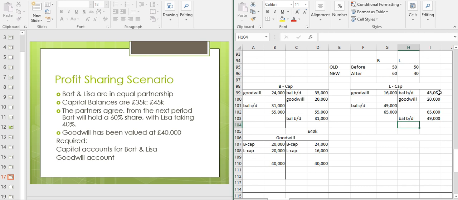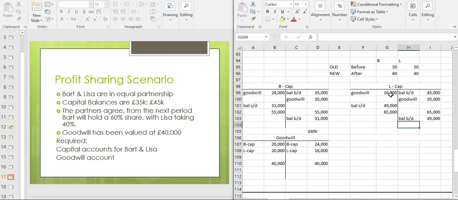And we can check it. 45 she started with, she's now left with 49. Her capital has gone up by 4,000. So in essence, what's happened is Lisa has given up 10% in exchange for £4,000. Bart has agreed to that. Bart has let go of 4,000 and he's taken on 10%.